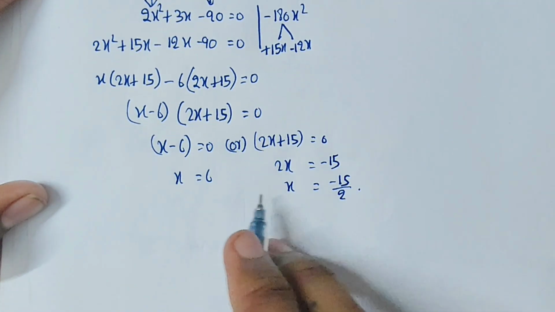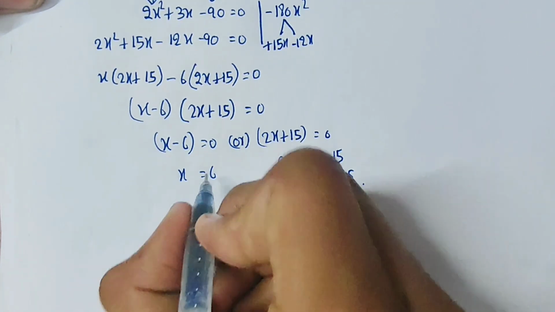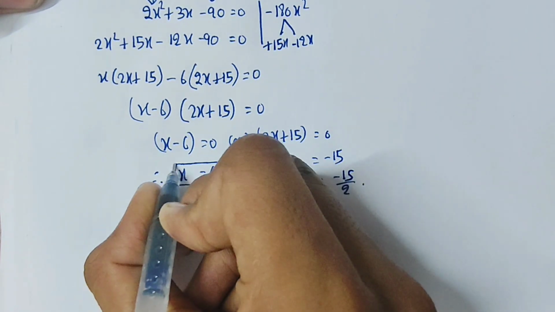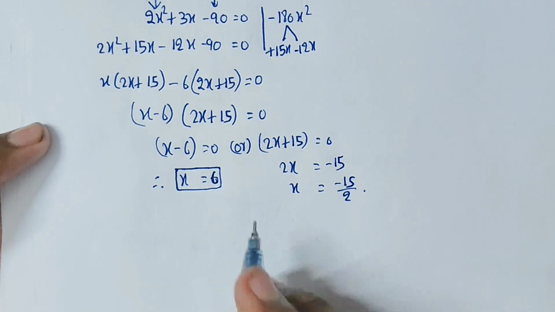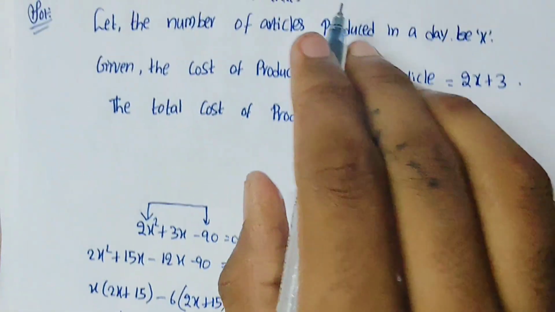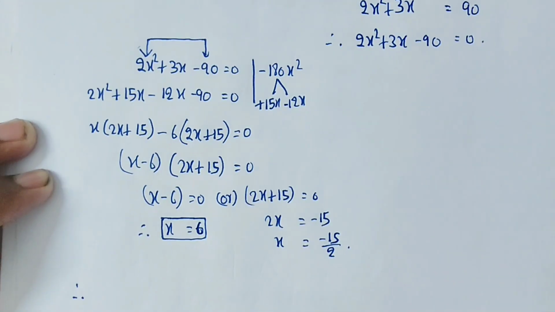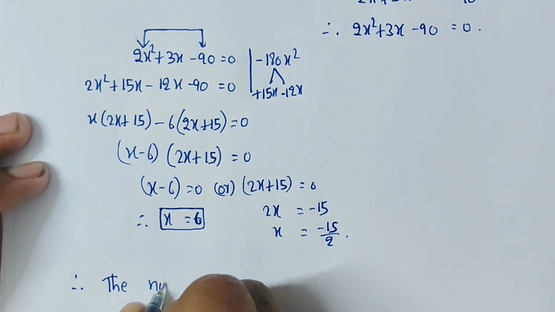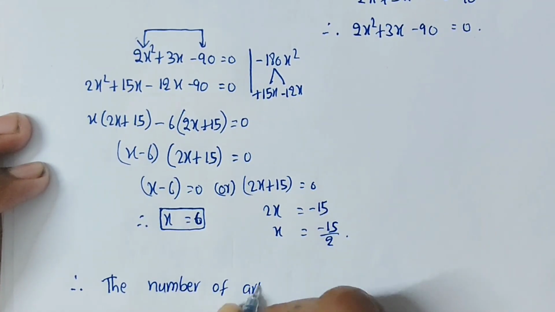In these both, the positive value is 6. Therefore, x equals plus 6 is the value that we need. Therefore, I am writing here what was asked in the problem: find the number of articles produced.